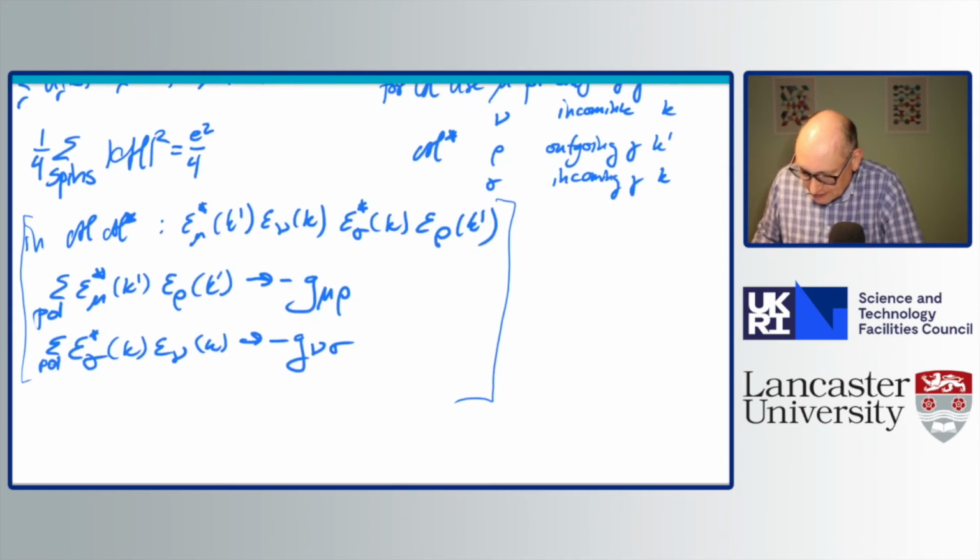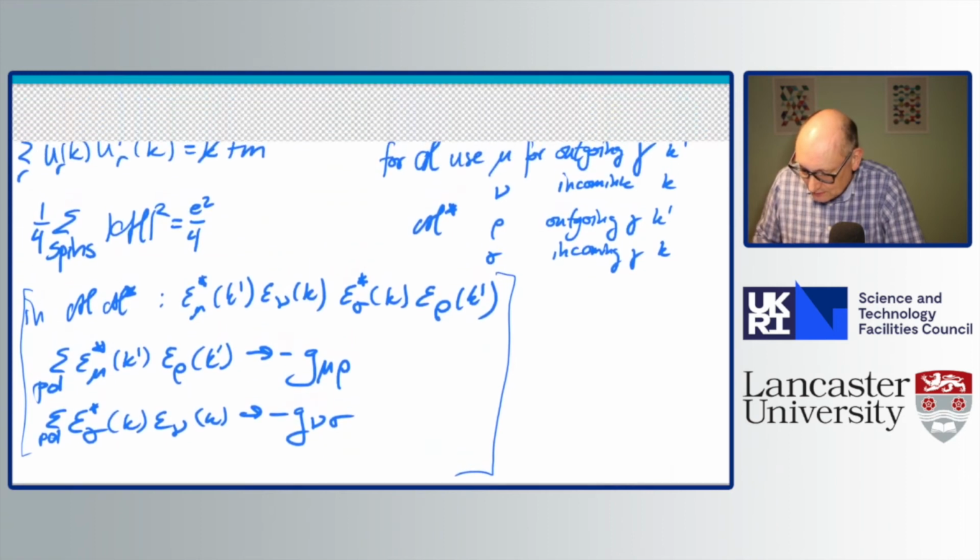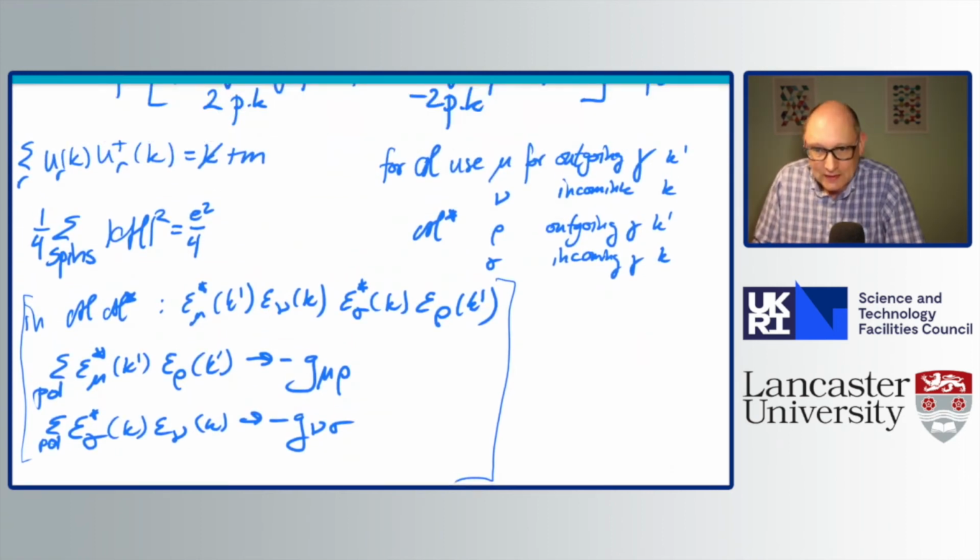So continuing our writing down of the matrix element up here, we would get a g mu rho g nu sigma.